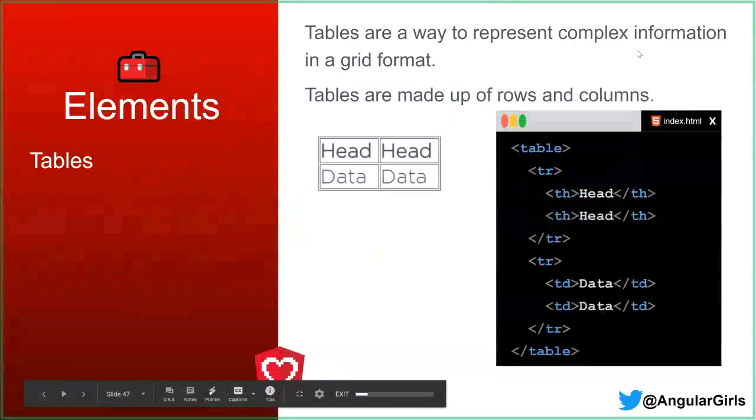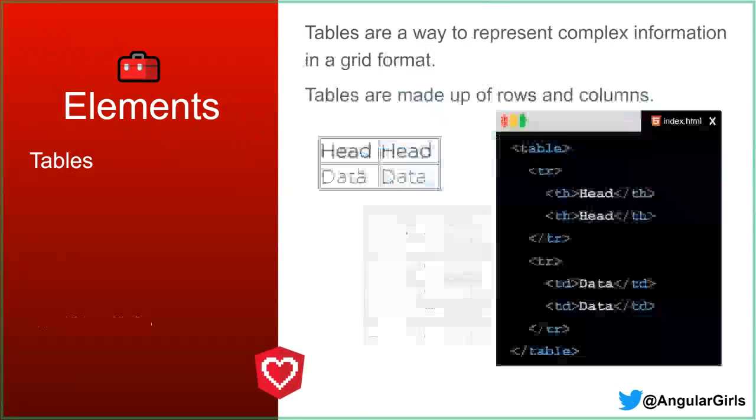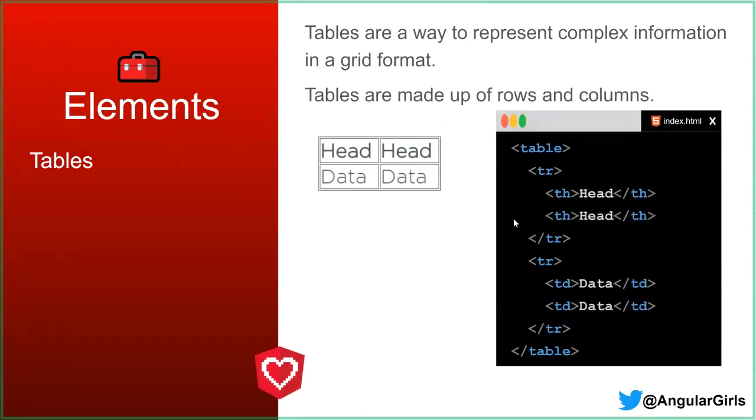And you have tables, also a very important element. It's for showing tables with the table tag, tr for the row, and then you have th for the header and td for the data cell, for the table cell. And for each row, you make this tr, and then you have a new cell.